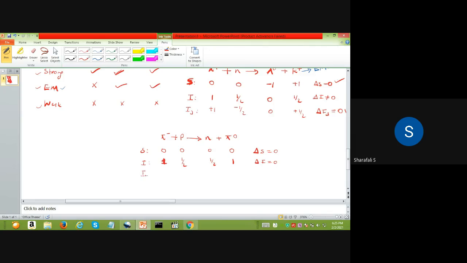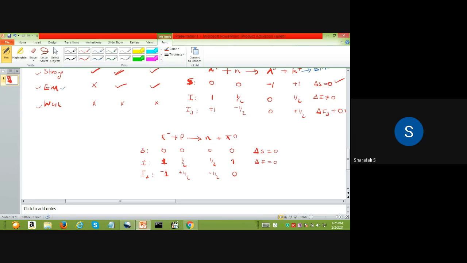And if you consider the I3 values, I3 value for this one is minus 1, so pi minus. And for proton, this is plus half. And here we have a neutron, which is minus half. And pi 0 has isospin projection 0. So pions have isospin 1, so the variation will be like 1, 0, minus 1.